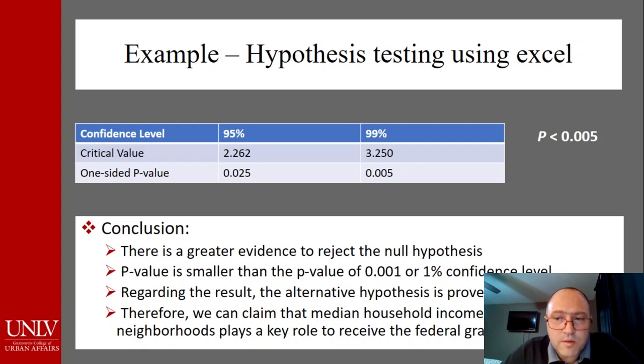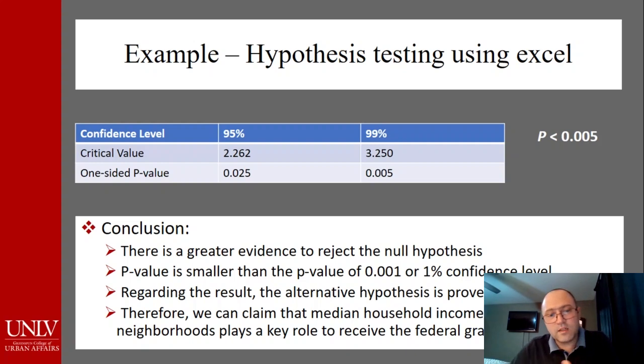Our p-value is smaller than 0.005, and we can conclude that our null hypothesis is rejected here, and our alternative hypothesis, which indicates differences between the group that received the federal grant and the other group that did not receive the federal grant, is supported.